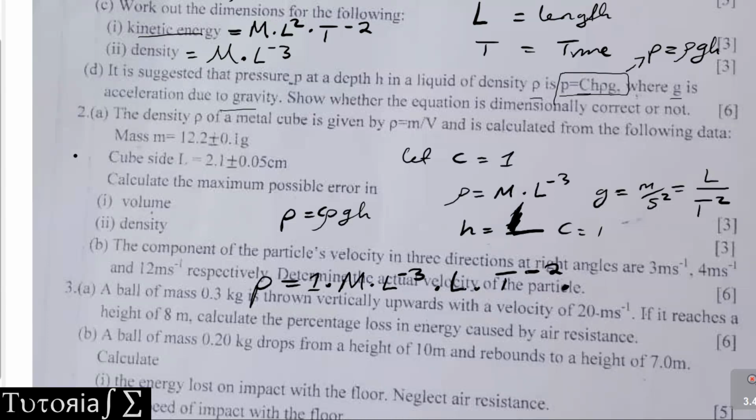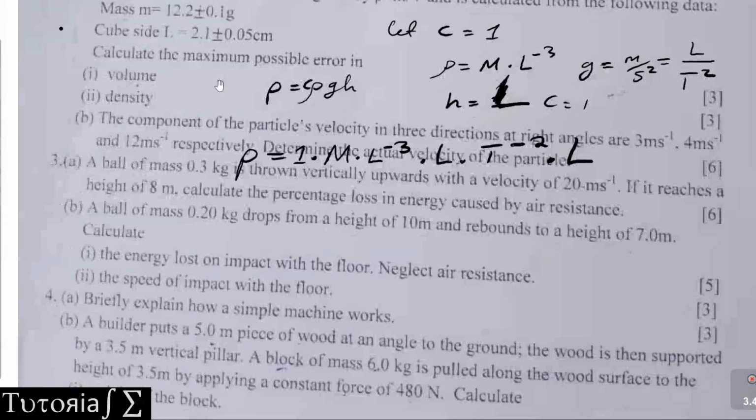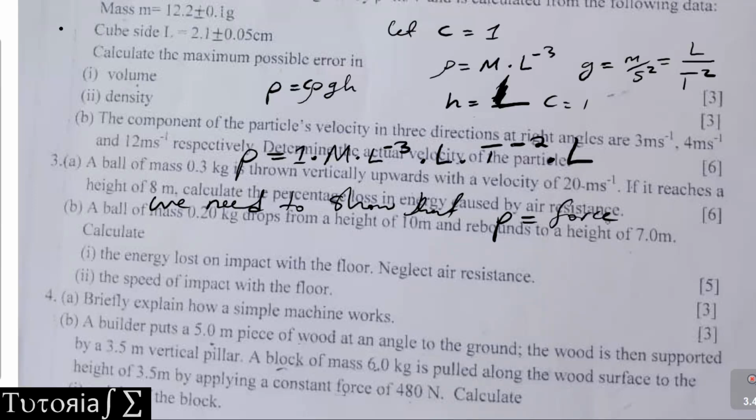Okay. Now, before we proceed, we have to define what pressure is. So we need to show that pressure equals force over area. So that is the definition of pressure.